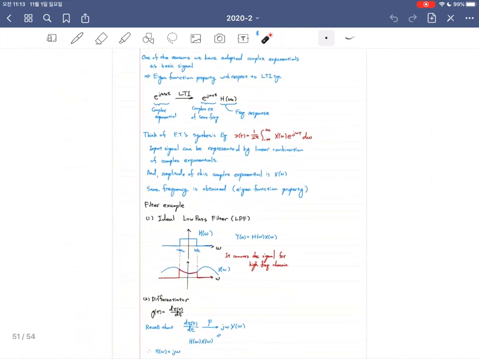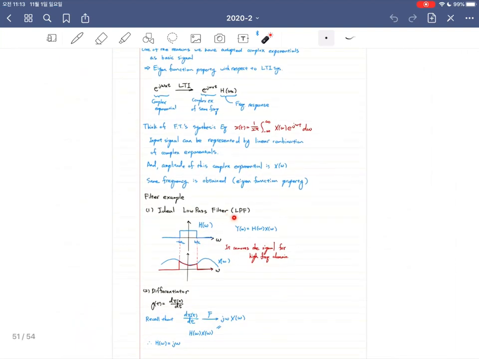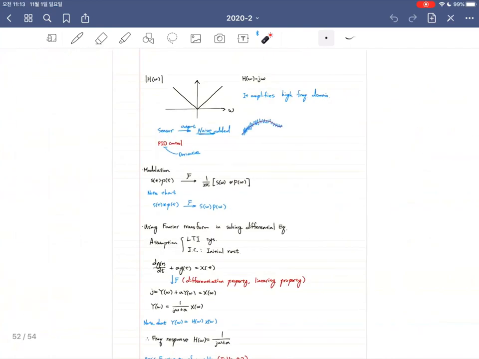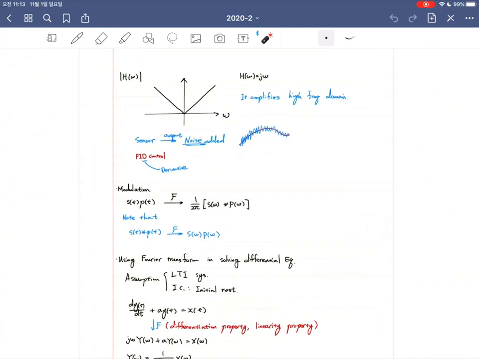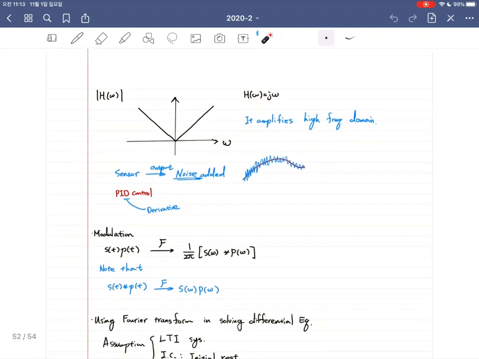So for filters, we noted this ideal low-pass filter, which is very famous, and the differentiator is kind of a non-ideal high-pass filter.